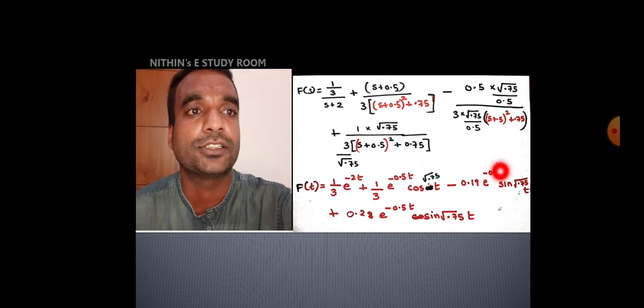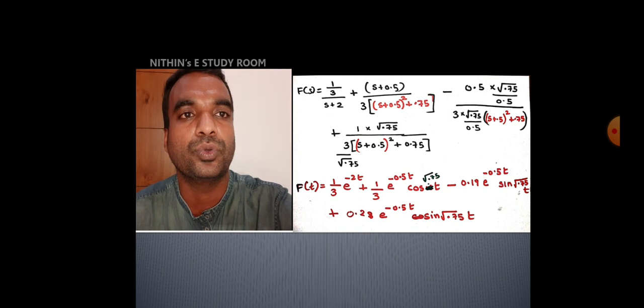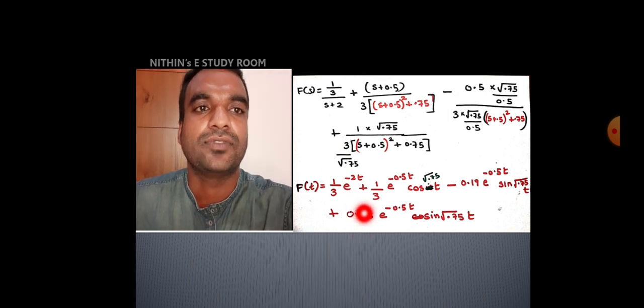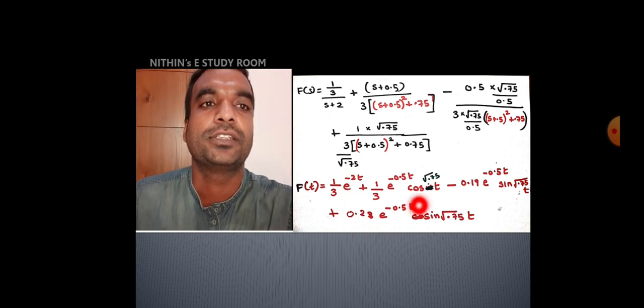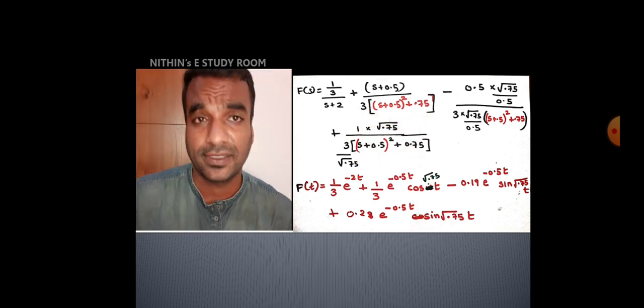So e raised to minus 0.5t sine root 0.75 t, plus the last one. Please check this value, because you have to do this 0.75 multiplication here, not division, it's a multiplication. So please check this value. Into shifting is e raised to minus 0.5t, and the total term is omega by s square plus omega square. It's a sine term, sine 0.75 t.